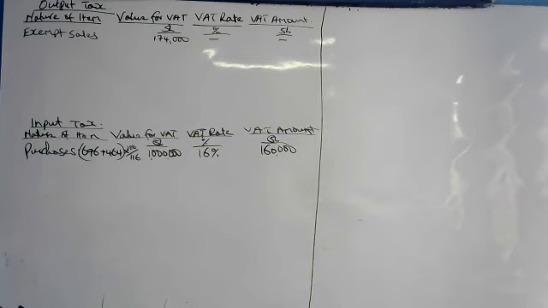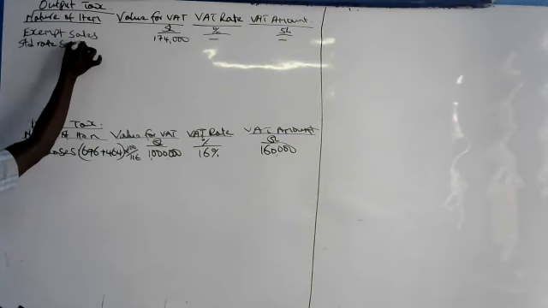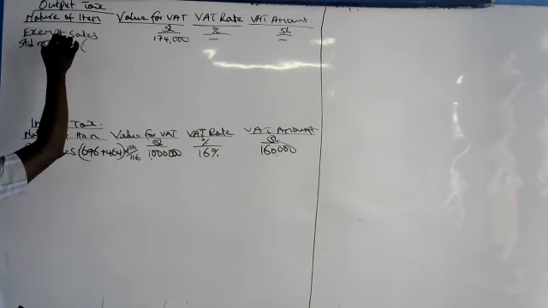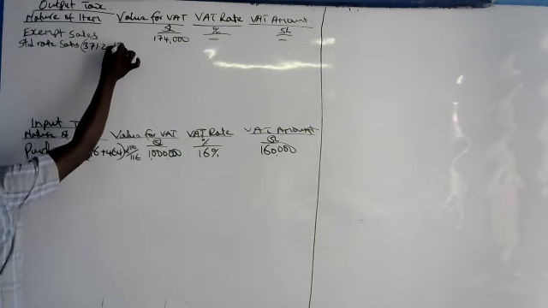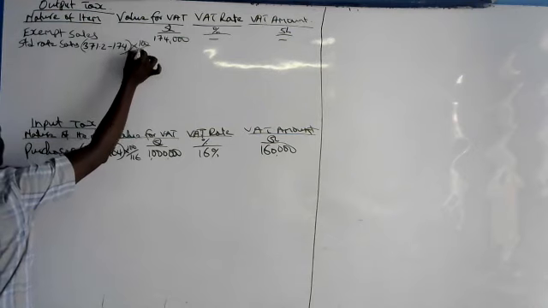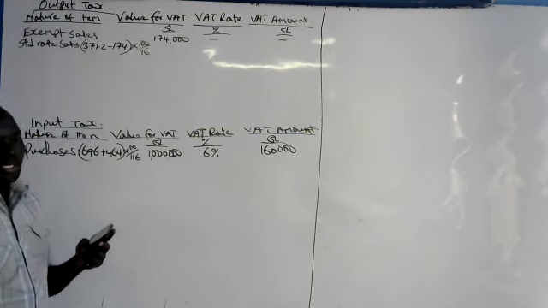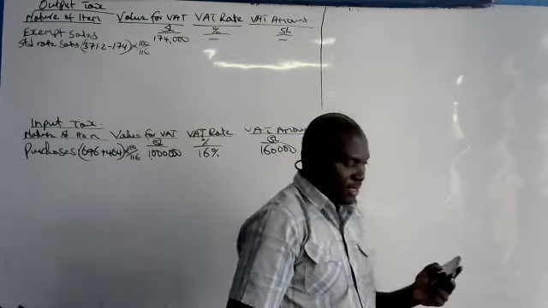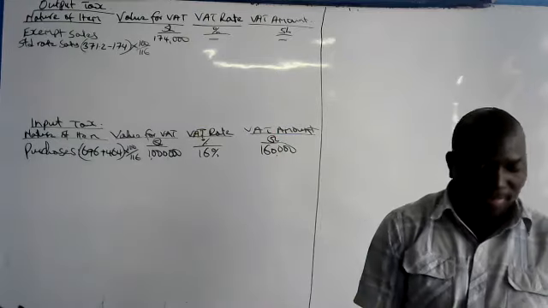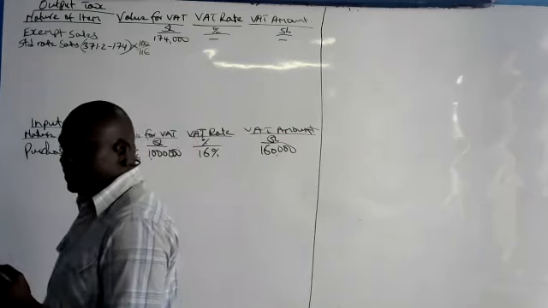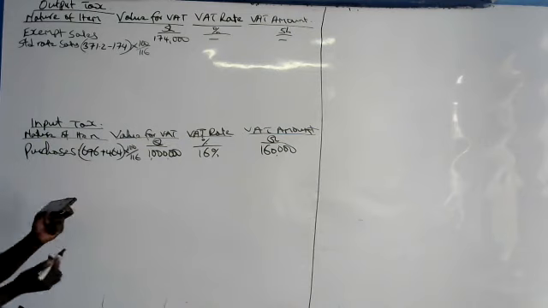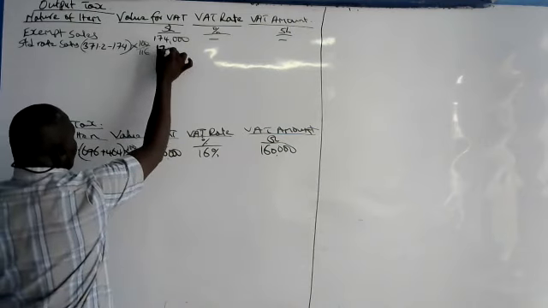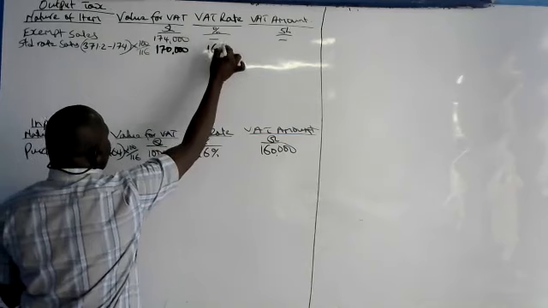So take the standard rate sales: 371.2 minus 174 times 100 over 116, giving us 170,000. 16%.